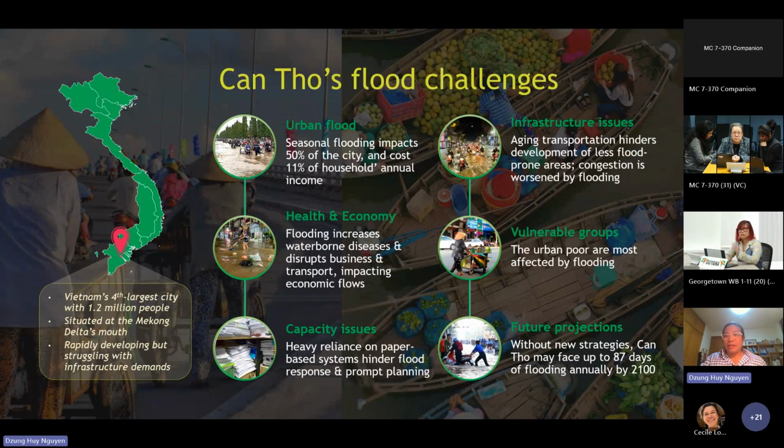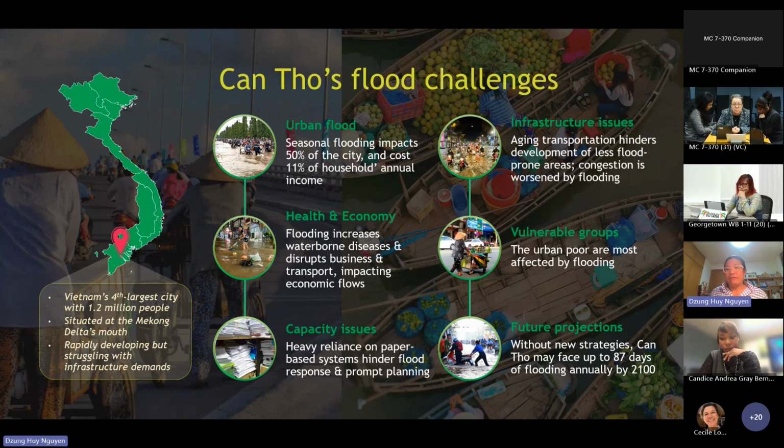Cần Thơ is located right in the heart of the Mekong Delta, which is a very flat plain area, contributing about 1/3 of Vietnam's agriculture sector, and also about 80% of Vietnam's agricultural exports to the world.